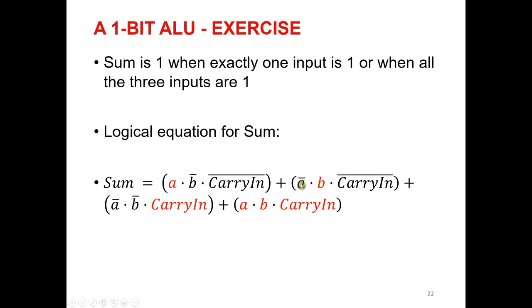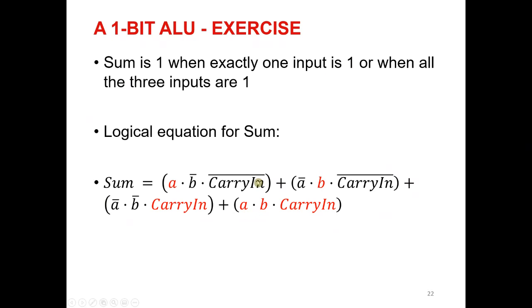If A is 0, B is 1 and carry in is 0, then the sum will be 1. If A is 0, B is 0 and carry in is 1, then the sum will be 1. With those 3 components, we are saying that sum is 1 when exactly one input is 1.